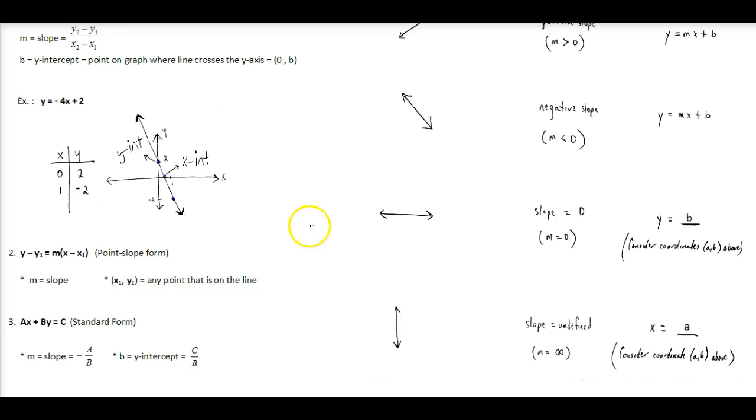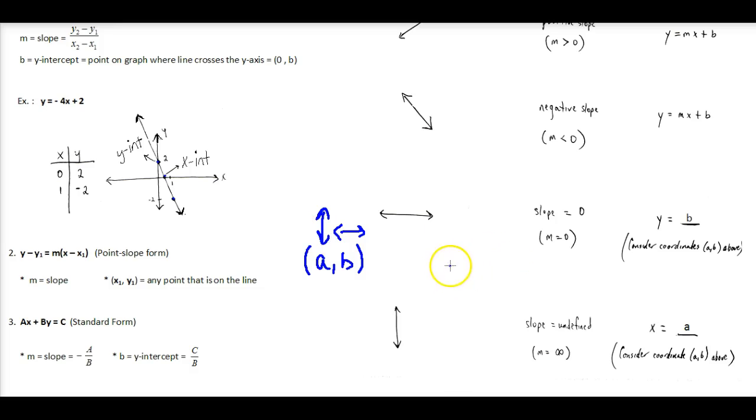So in short, a very quick way to remember is that if you have some point (a, b) here, and you know that you're dealing with either a horizontal or a vertical line here, x will always go with the vertical and y will always go with the horizontal.